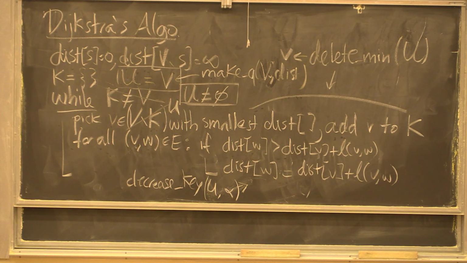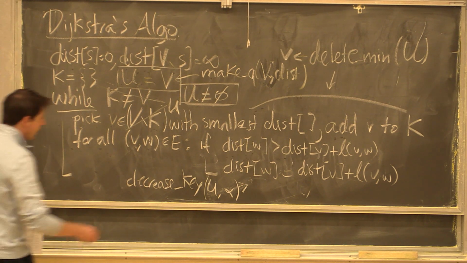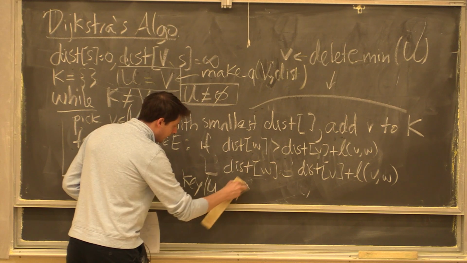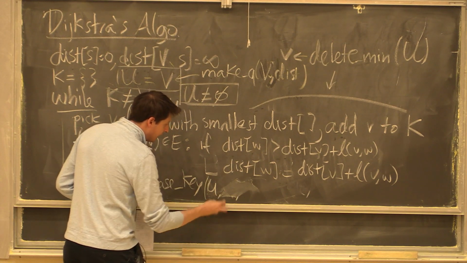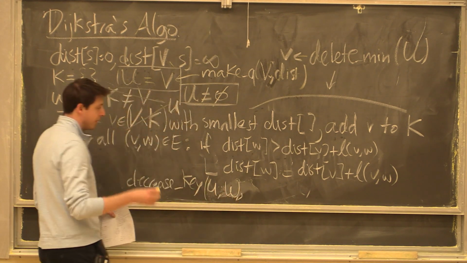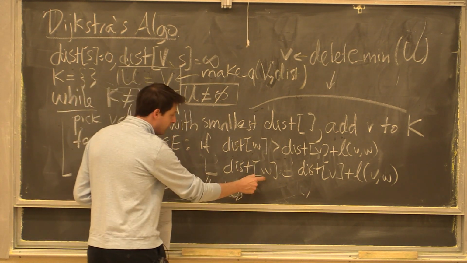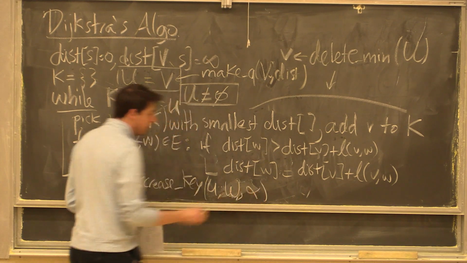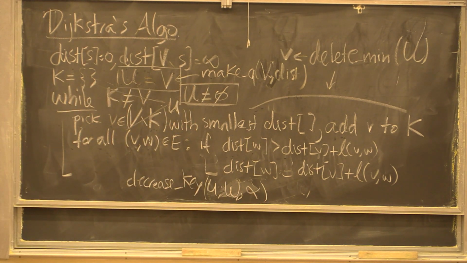So this is a function call that says, hey, Q, please decrease, I forgot to put the other argument, please decrease for the element W, which is the one that we're changing, set its key to be some smaller number, alpha. Okay?